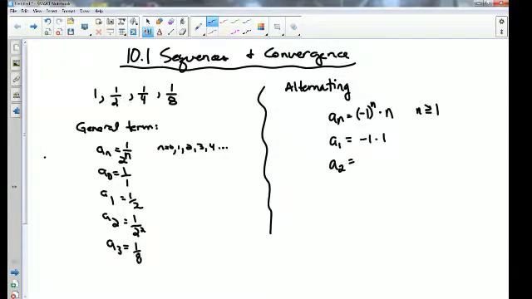And then a sub 2 would be -1 squared times 2, which is 2. And you'll see that the positive negative sign alternates. That will be a key idea for you to get a hold of. So anytime it's alternating, just multiply it by -1 to the n. Sometimes it's -1 to the n plus 1. If I had -1 to the n plus 1, it would change this to a positive, that to a negative. It would change the sign on the different numbers.